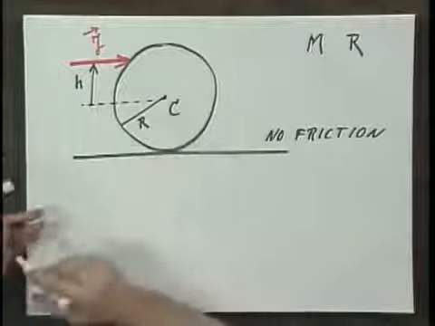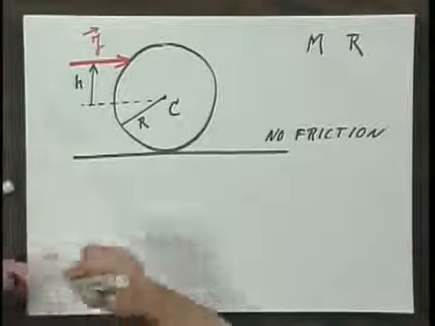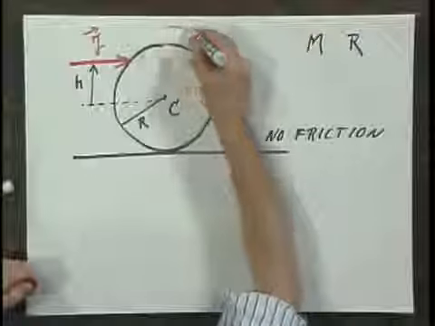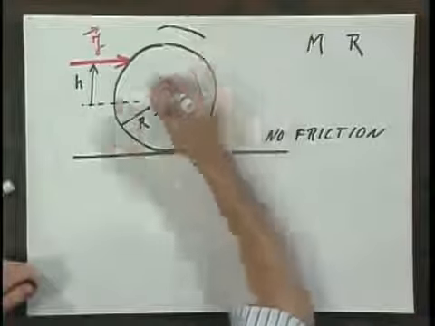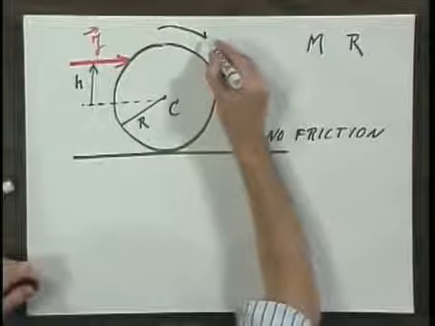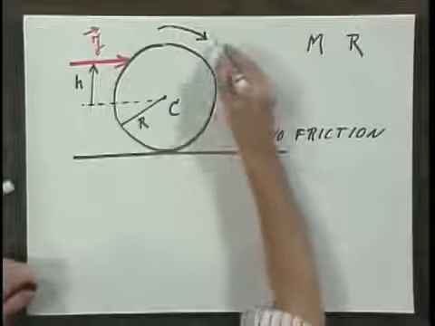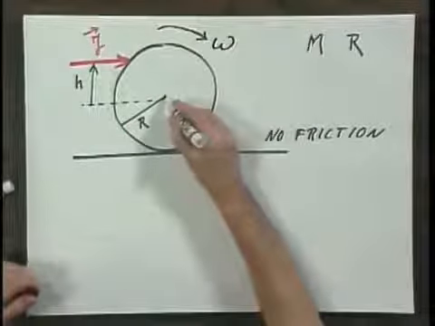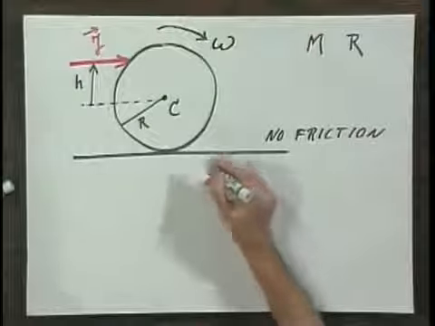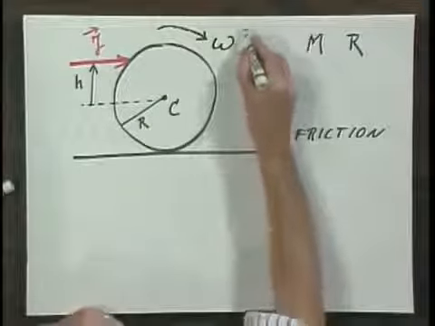The question now is, what is the angular velocity if you hit it above point C? It will start to rotate in this direction. The angular velocity omega about the center of mass, C is the center of mass, what is that?